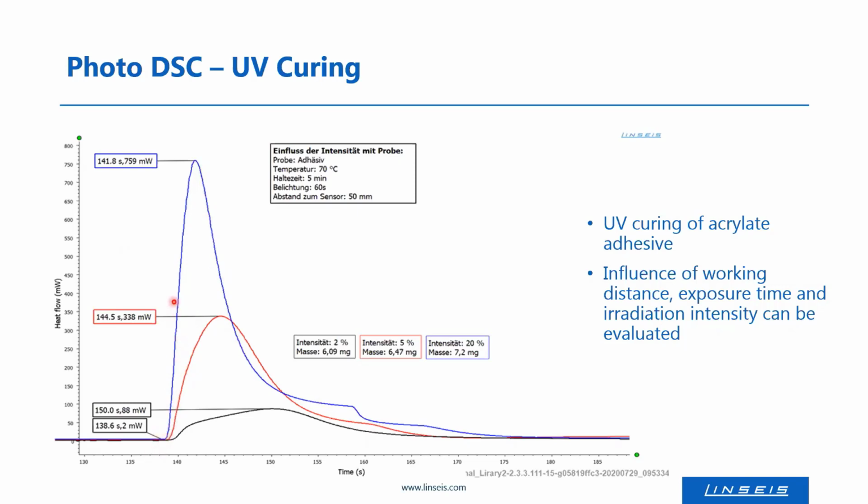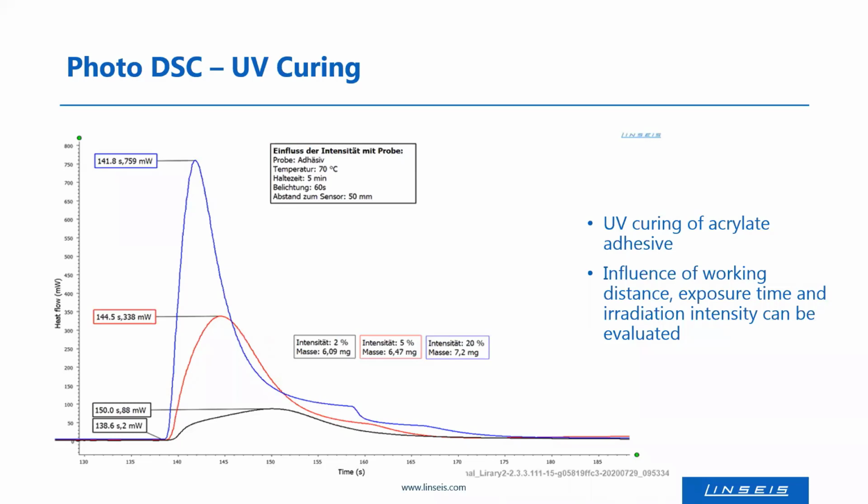And you see here you have a higher intensity and a faster speed of your curing reaction in the blue light compared to the red light, where a smaller intensity of the UV light was used. So if you already have a DSC and if it is possible to attach a UV lamp, then it's okay to investigate UV curing samples.